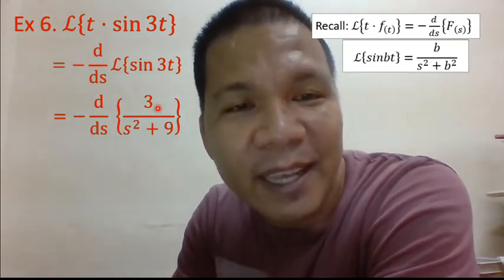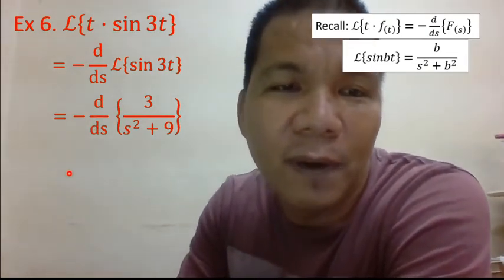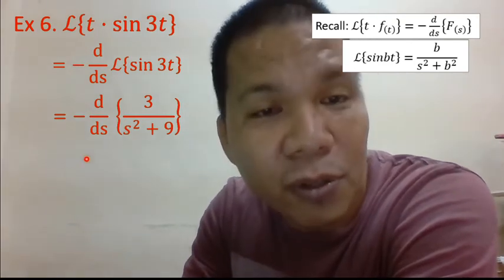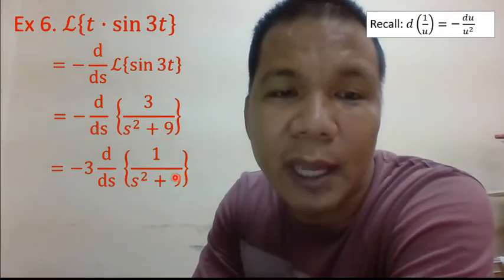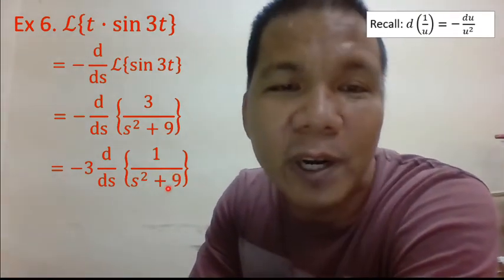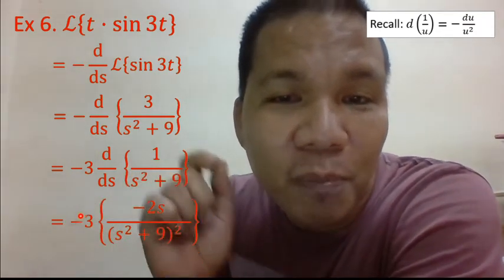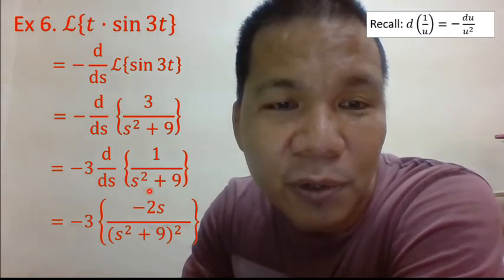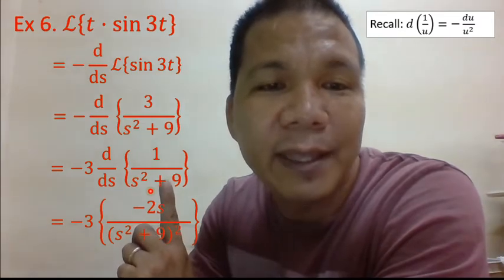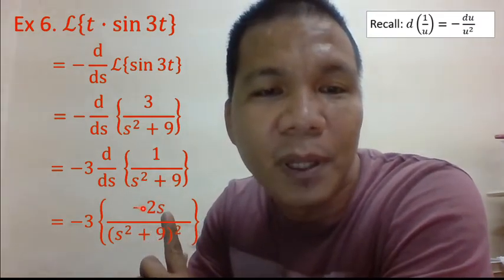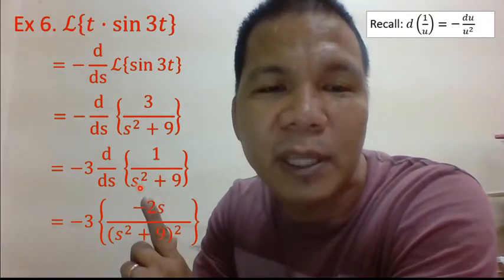You can take out 3 outside the derivative operation because that is just a constant. So I take out 3, and what will happen here? This is just 1 over u. So the derivative of 1 over u is negative du over u squared. Your u is s squared plus 9, and the derivative of that is 2s, since the derivative of s squared is 2s.